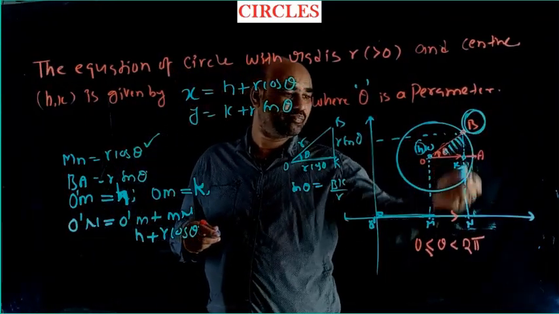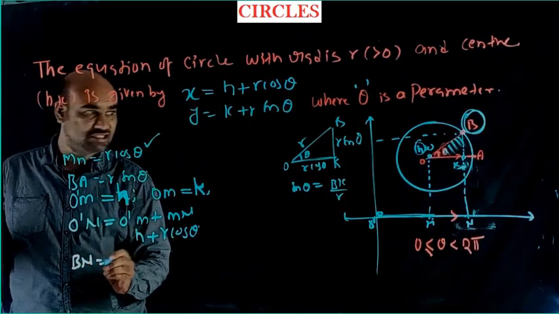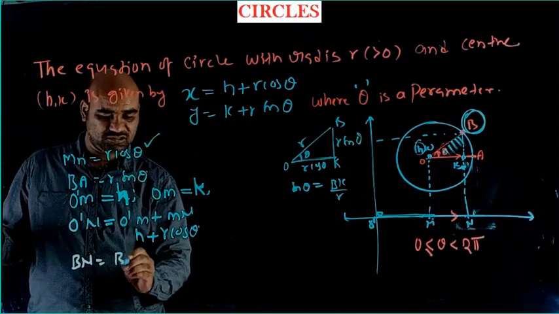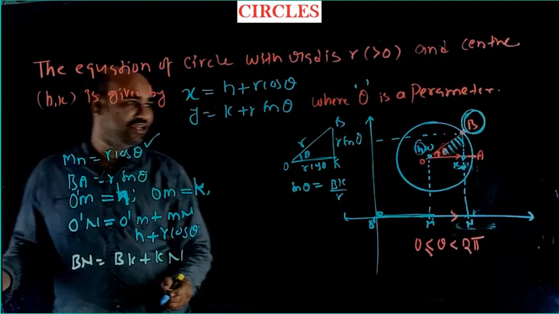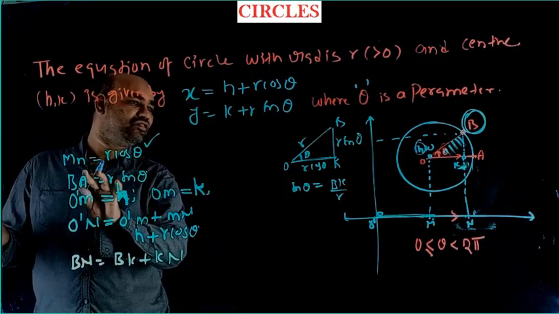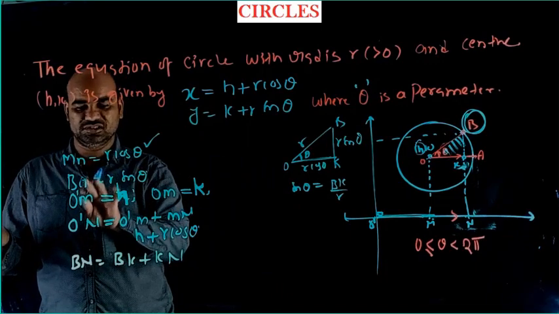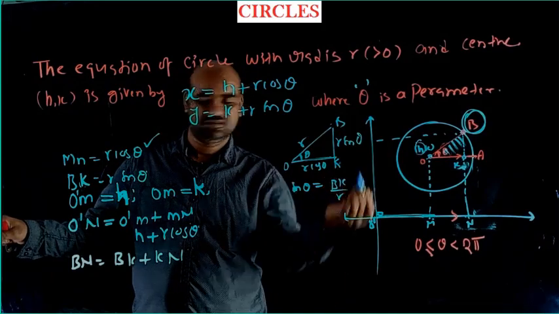Next I want BN. BN is nothing but BK plus KN. So this is BK, not BN, BK only.